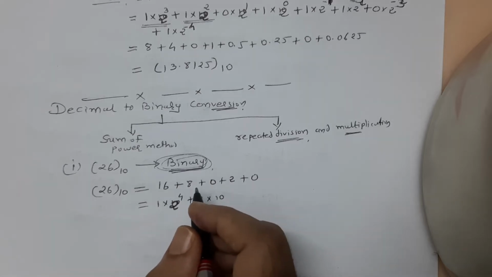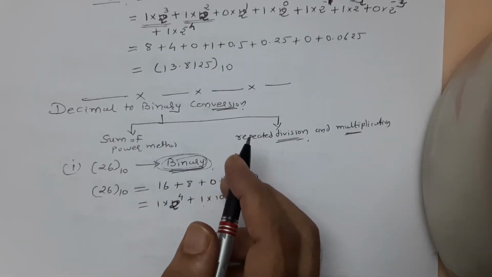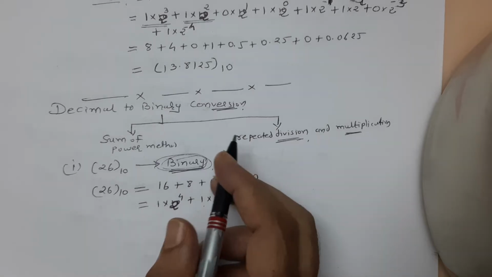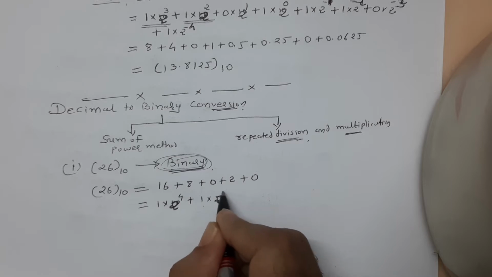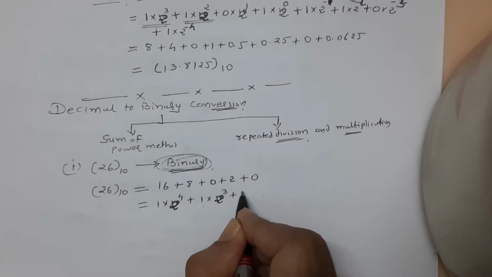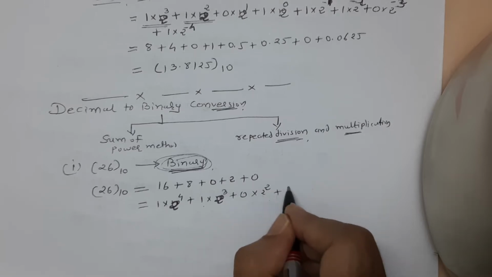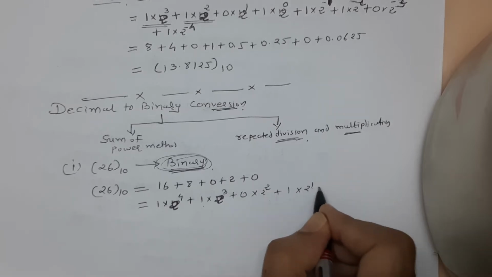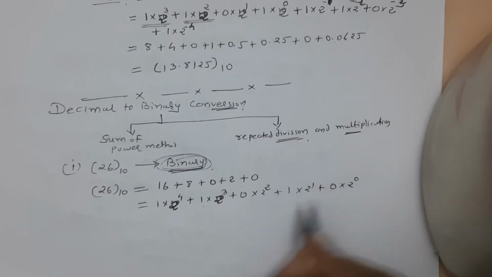See, this is my mistake, don't repeat the same mistake, right? 1 into 2 raised to 3 plus 0 into 2 raised to 2 plus 1 into 2 raised to 1 plus 0 into 2 raised to 0.